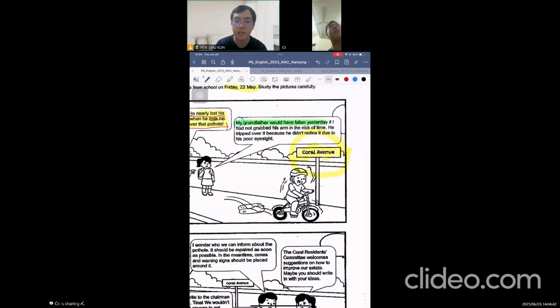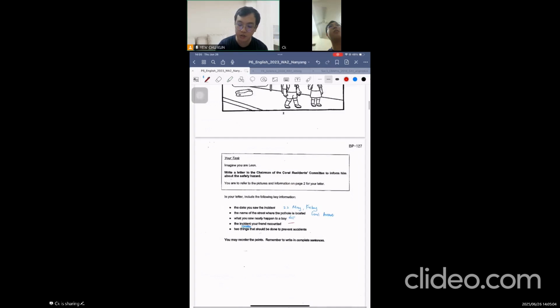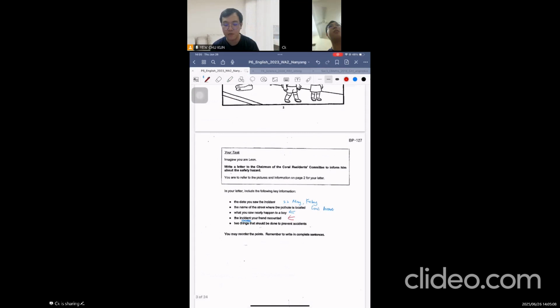But in your letter, you're not gonna use my because my refers to Tina's grandfather himself. But we are his friend. We are Leon. We are referring to her grandfather. So we're gonna use her, like her. So we can put down here as well. And then the final one is 2 things you should do to prevent an accident.